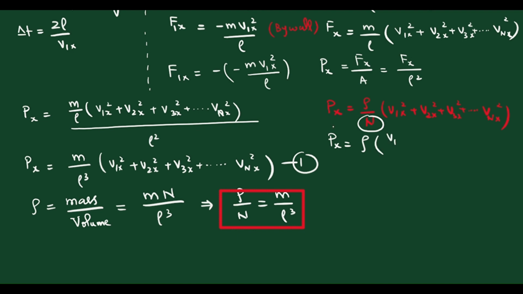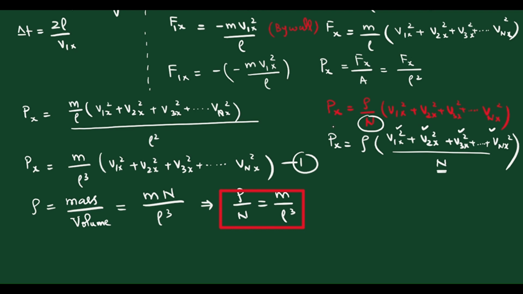We will get v1x square plus v2x square plus v3x square plus so on vnx square, divided by capital N. This capital N is the total number of molecules and the addition has N terms.